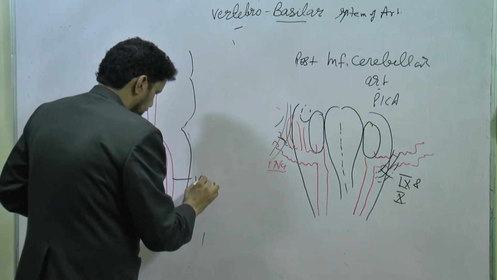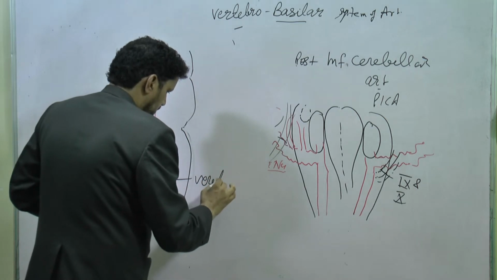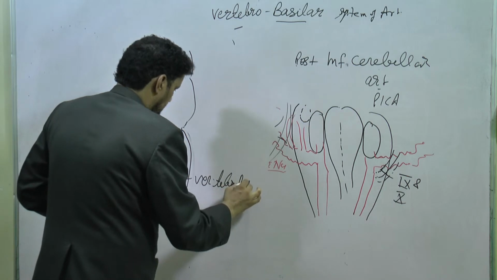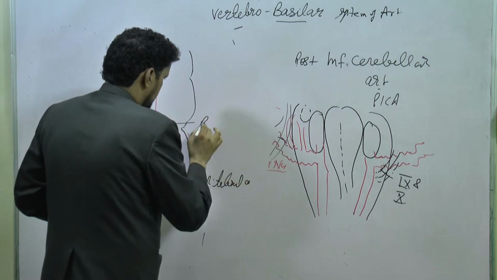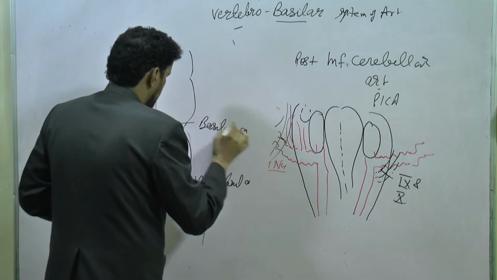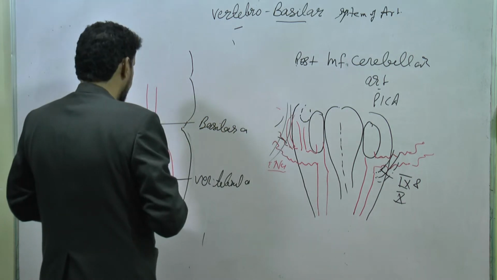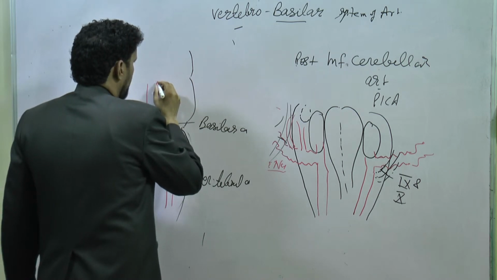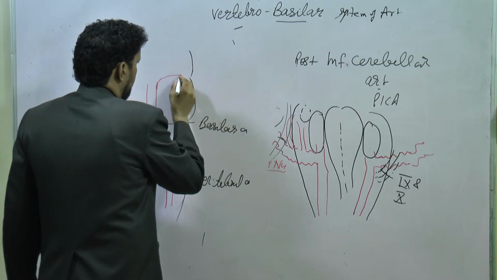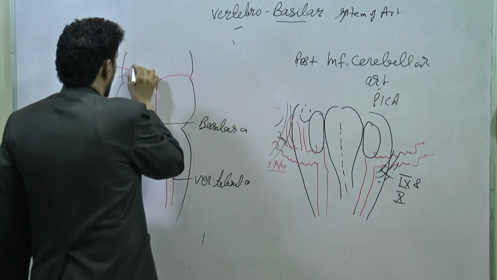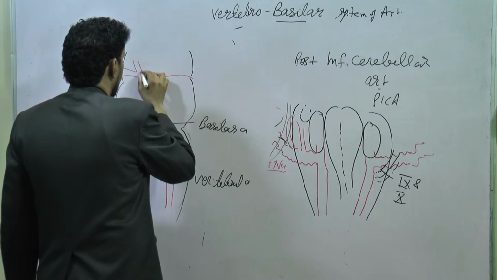So this is the vertebral artery and this is the basilar artery, known as the vertebro-basilar system.